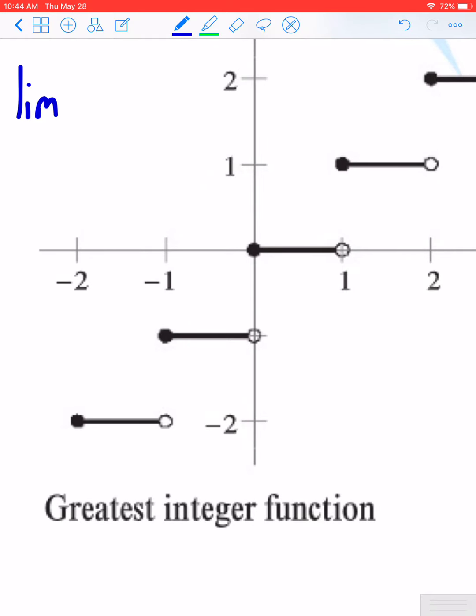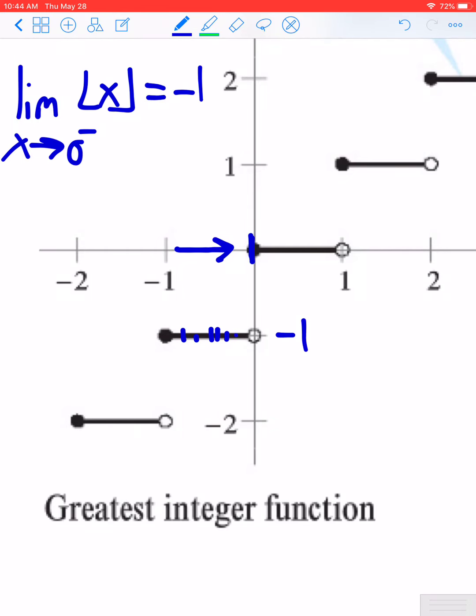Let's first start by looking at the limit as x approaches 0 from the left. On the number line, 0 is right here. If we're approaching 0 coming in from the left-hand side, the function values are here, and we're consistently getting the output of -1. So the limit as x approaches 0 from the left of the greatest integer function is -1.